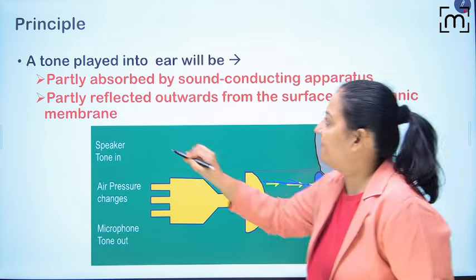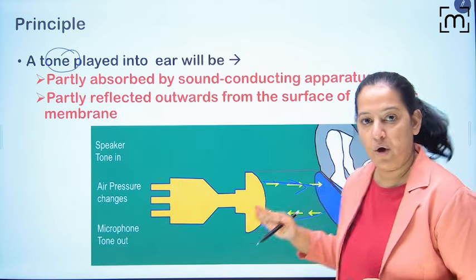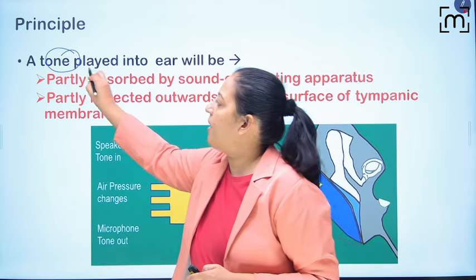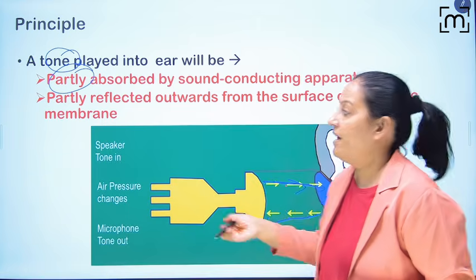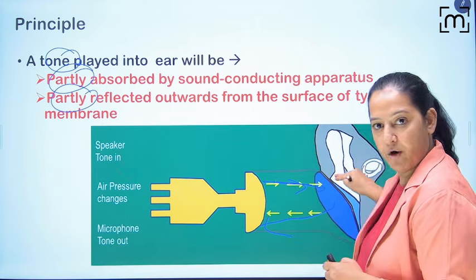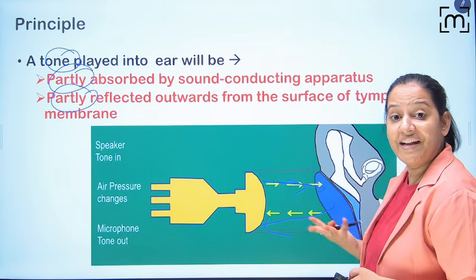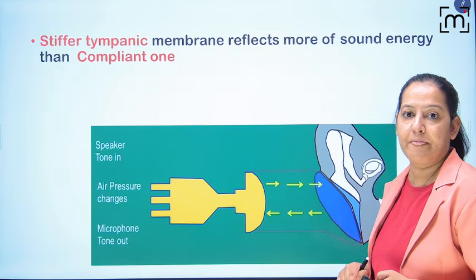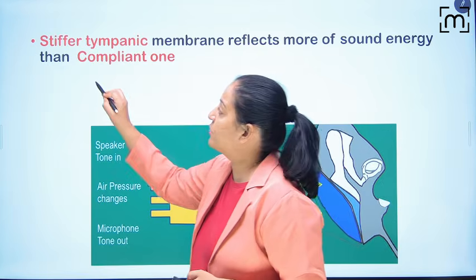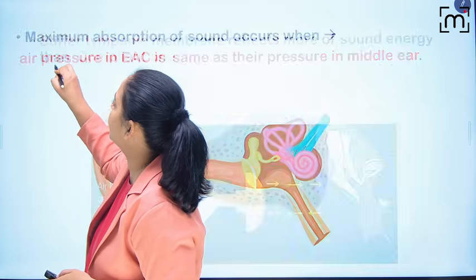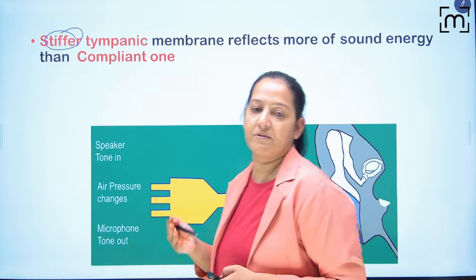Please see. Whenever a tone is played on the tympanic membrane, a part of it is absorbed and a part of it is reflected back. Now you will say, ma'am, how much portion is absorbed and how much portion is reflected back? It depends on the stiffness of the tympanic membrane.